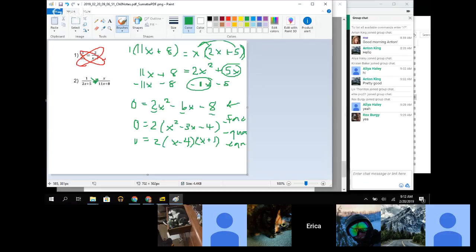It's much better. Okay, so now that I have this equal to 0, I know that either x minus 4 has to equal 0 or x plus 1 has to equal 0. And so x could either equal 4 or x could equal negative 1. So I actually end up with 2 solutions to my original equation.